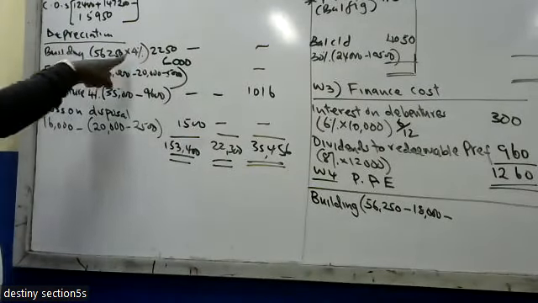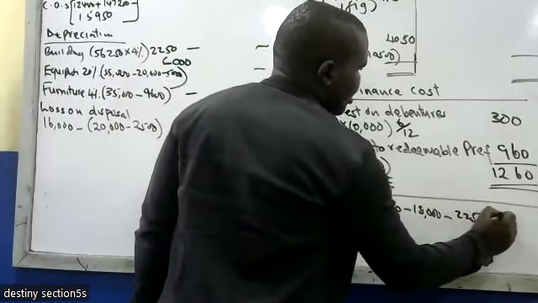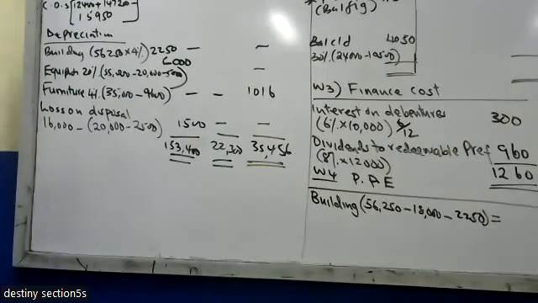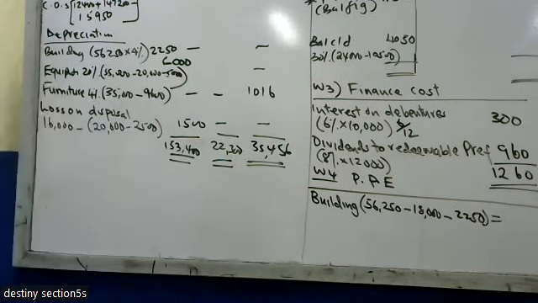Buildings, you charge this one here, 2250. So how much is the net book value for buildings? What do you get? 36,000.